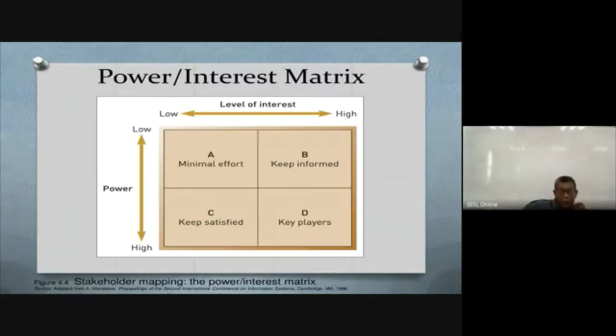Likewise, with Mendelow's power interest matrix, we try to put our stakeholders into 4 slots and then pay more attention to those stakeholders. Now, who are the minimal effort stakeholders? Who are the key players?